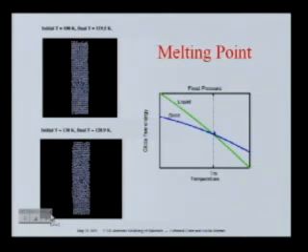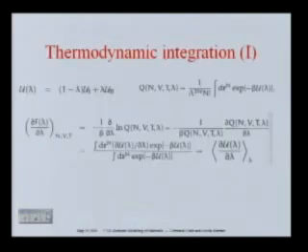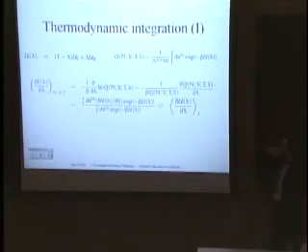Above that critical temperature, the liquid phase is more stable, and below that critical temperature, the solid phase is more stable. And one possible way of calculating this free energy explicitly, or in particular calculating the free energy difference with respect to a known phase, is to use thermodynamic integration.